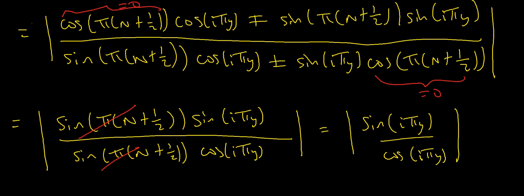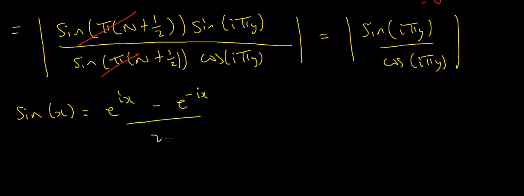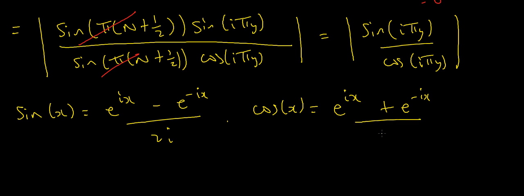Now recall the definitions of sine and cosine, not in terms of a triangle, but in terms of this. So recall that sine of x is just equal to e to the ix minus e to the negative ix over 2i, and cosine x has the definition e to the ix plus e to the negative ix all over 2.